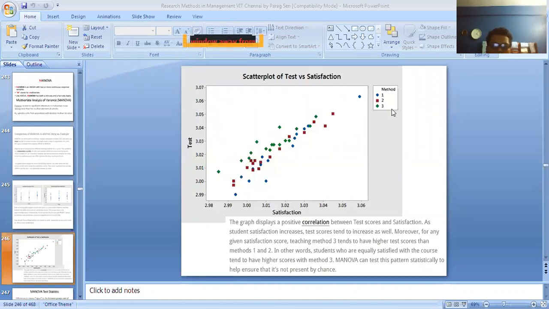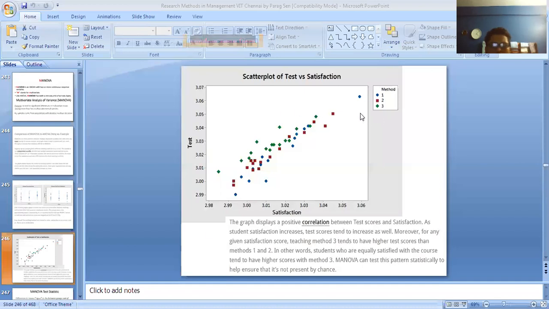Because you can see that the blue dots are relatively at the lower side, red dots are at a moderate level, and the green dots are at the higher side in the majority of the cases.